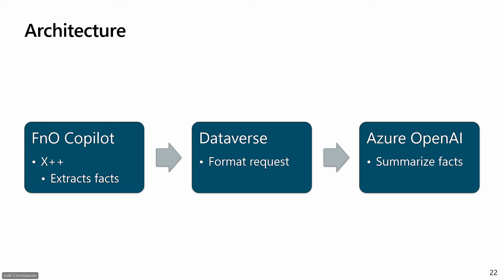So there is no business analytics. I saw a few questions in the chat being used here. This is basically all the dependencies we have. I should also remember to say that the instance of Azure OpenAI remains within the same geo of the F&O instance. So there is no sending of data across any geo, as this would be a violation according to our policies.